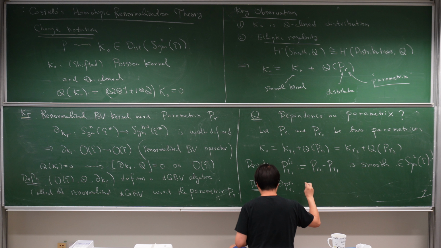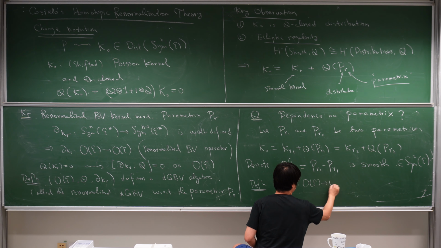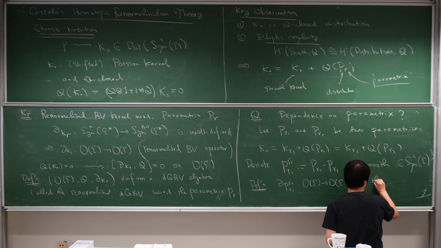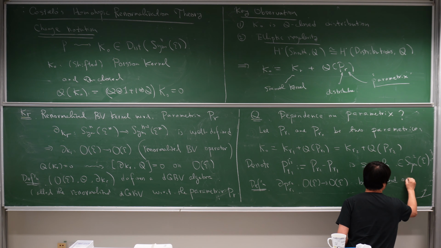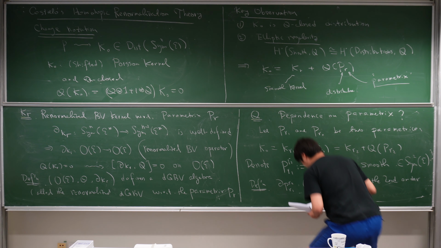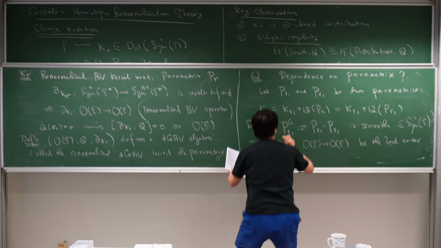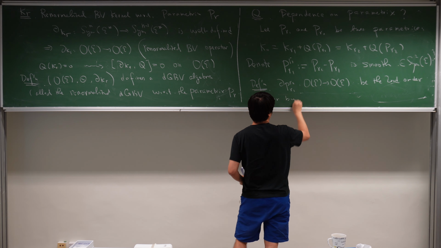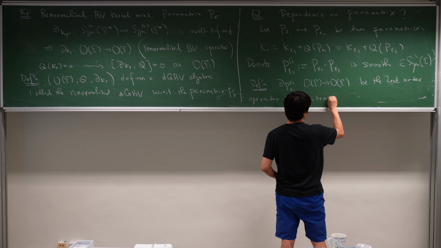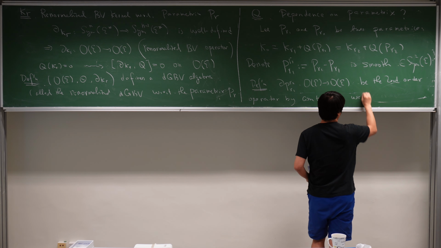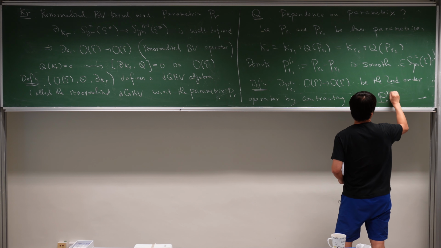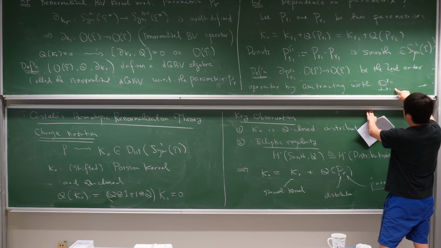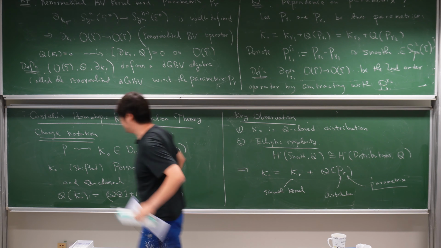This operation applied to functions is a second order operator, by contracting with the smooth kernel, defined the same way as before. Because it's now smooth, you can basically pair the smooth kernel with this distribution. So this is well defined.